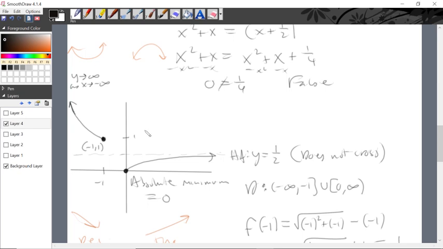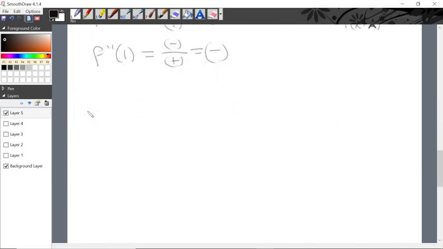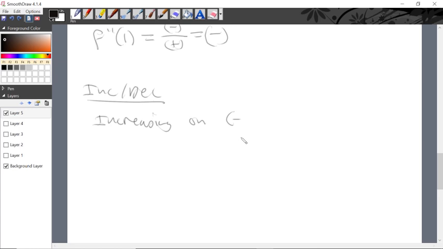So we can express all this information. We have increasing, decreasing, for instance. Our function is increasing on the open interval from 0 to infinity. Our function is decreasing on the open interval from negative infinity to negative 1.